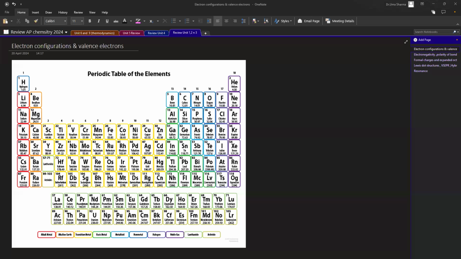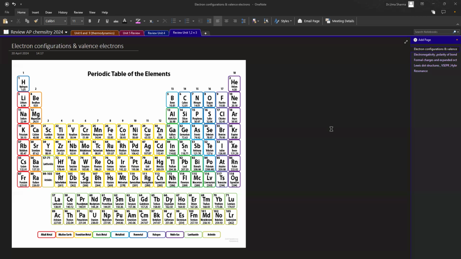So today we are going to do a review of the electron configuration, valence electrons, and how to write down the Lewis-Dot structure, then hybridization, VSEPR, resonance, meaning of the formal charges. So all these things we are going to do in one complete way, like in one flow.